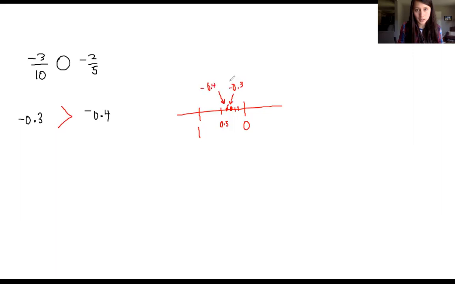And remember, they're both negatives. And 0.3 is farther to the right, and so that's greater. So when in doubt, put it on a number line, draw it out.